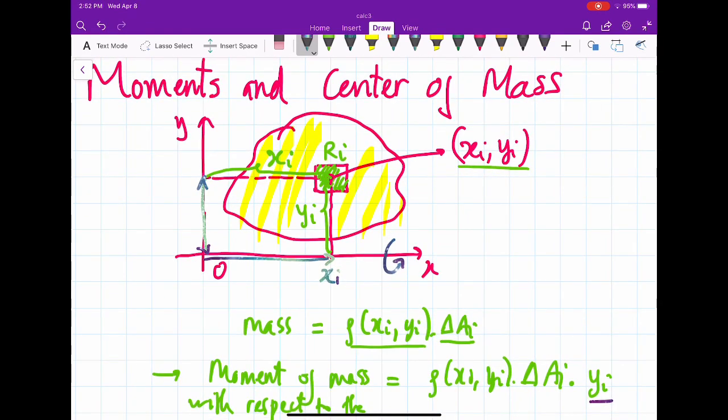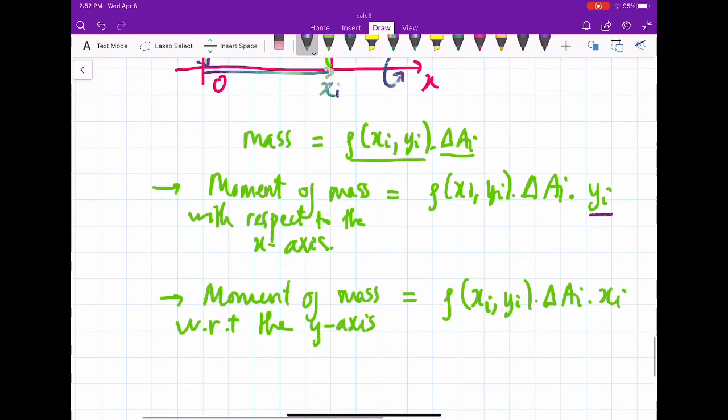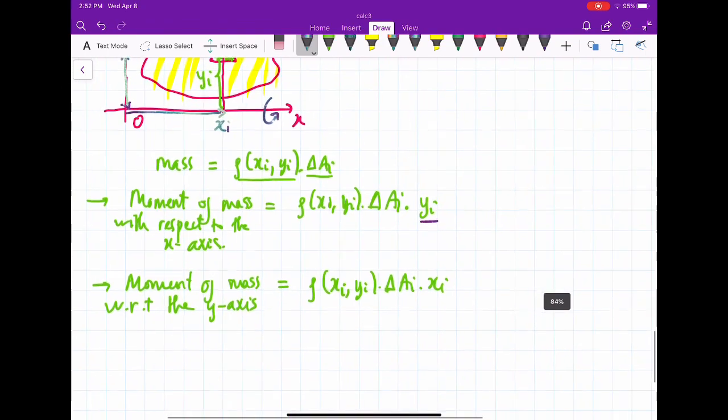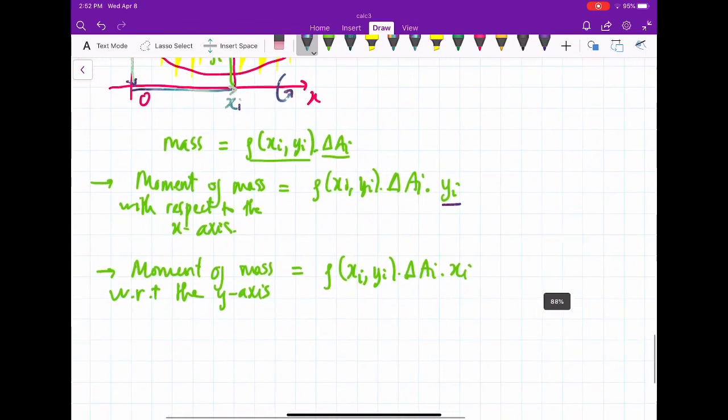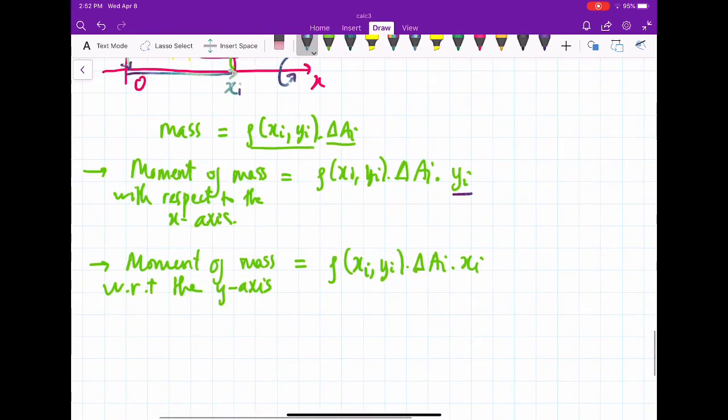In order to find the moment of mass of the whole lamina, we just integrate that. We write the Riemann sum and then do some limit process. So basically, from these two formulas, you can find the moment of mass with respect to the x and the y-axis of some lamina. Let's generalize this.